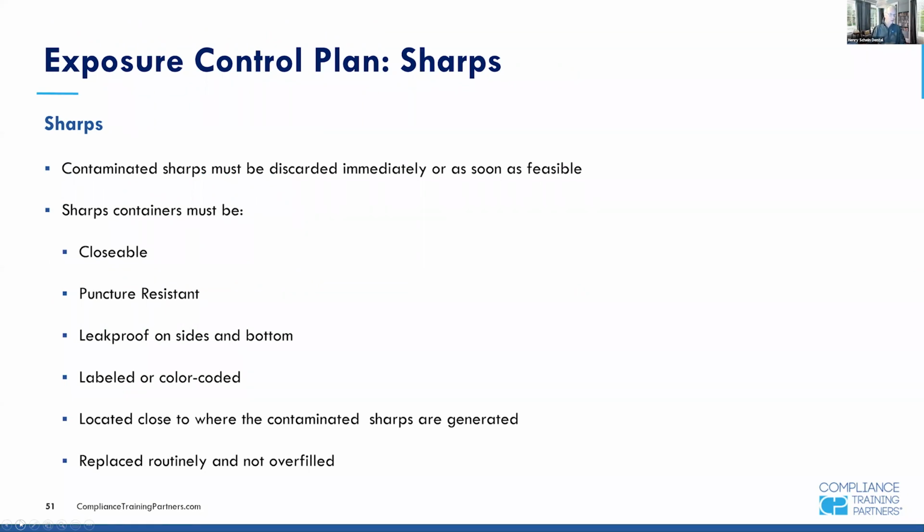Now, it says here sharps containers must be, and I list all these things. Trust me, if you're buying your sharps containers from Henry Schein, they're approved sharps containers. They're closable, puncture resistant, leak proof, labeled. The only thing I can mention here: don't overfill them. A common mistake that I see is overfilling these things, and now somebody is trying to push a needle down into there and gets a needle stick.